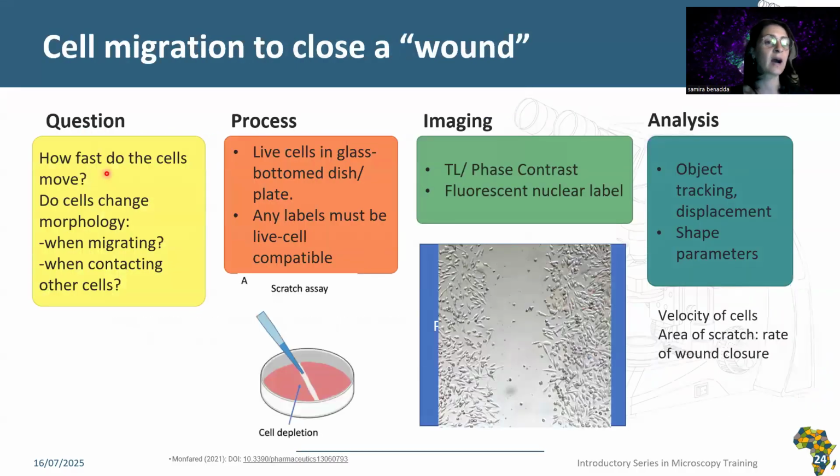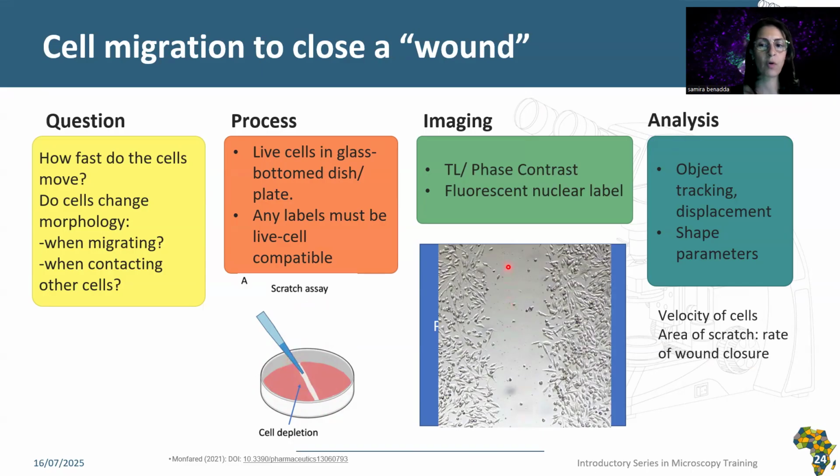So the question is, how fast do the cells move? Do cells change morphology when migrating, when contacting other cells? So we put the cells growing on the petri dish. In the middle, we make a cell depletion with a scratch assay.